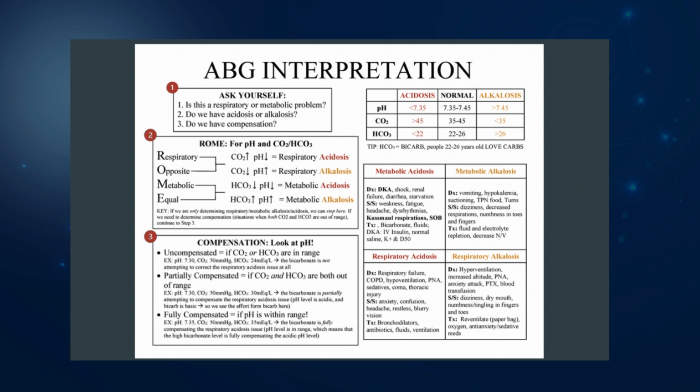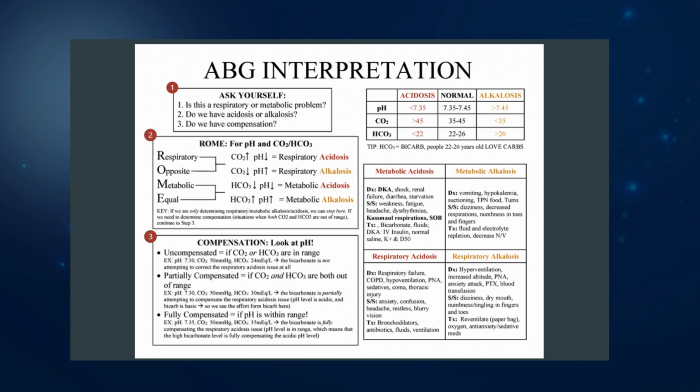If it is partially compensated, it means that the carbon dioxide and bicarb are both out of range. For example, if the pH is 7.30, the carbon dioxide is 50, and the bicarb is 30, the bicarb is partially attempting to compensate for the respiratory acidosis. The pH is acidic and the bicarb is basic, so we see the effort from the bicarb here.